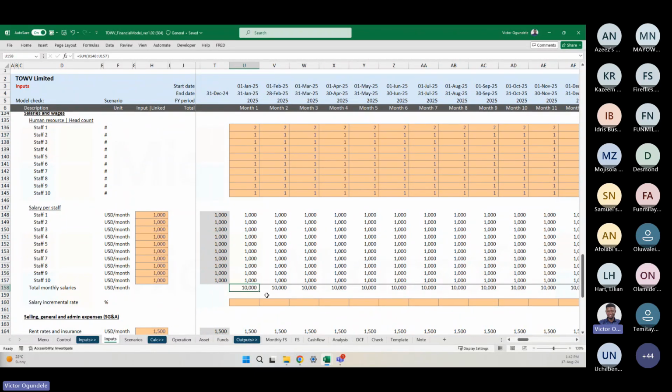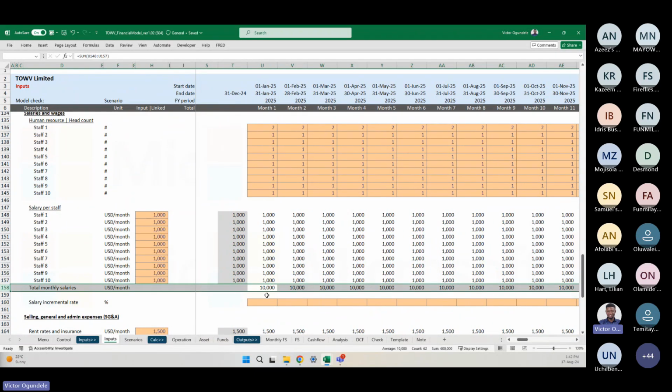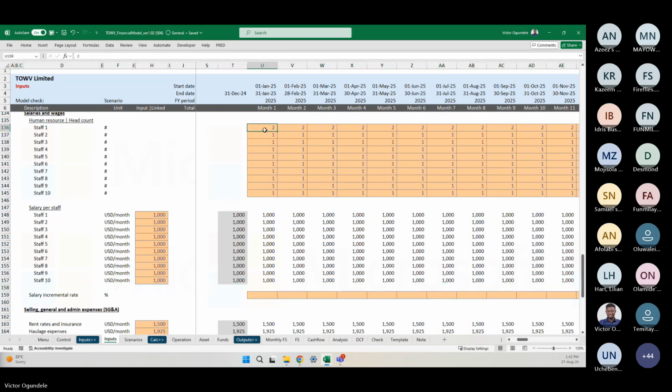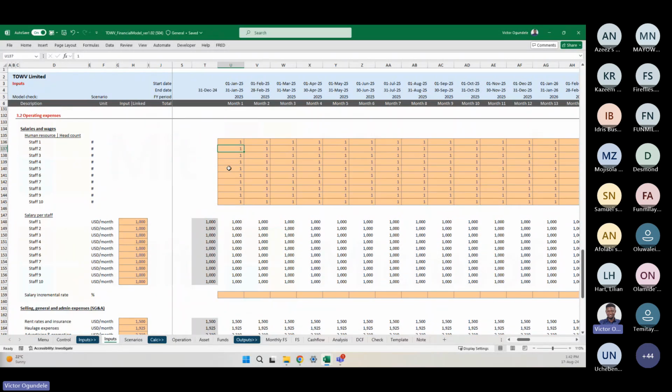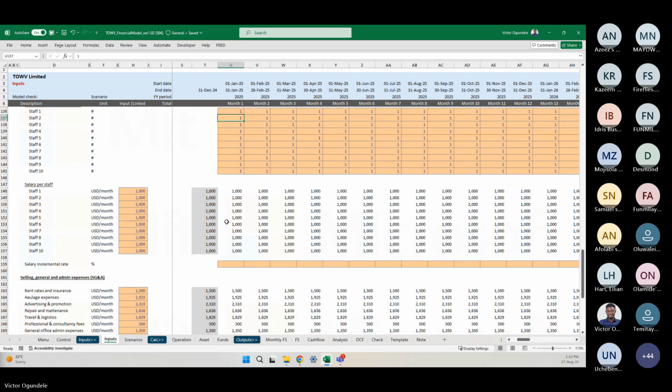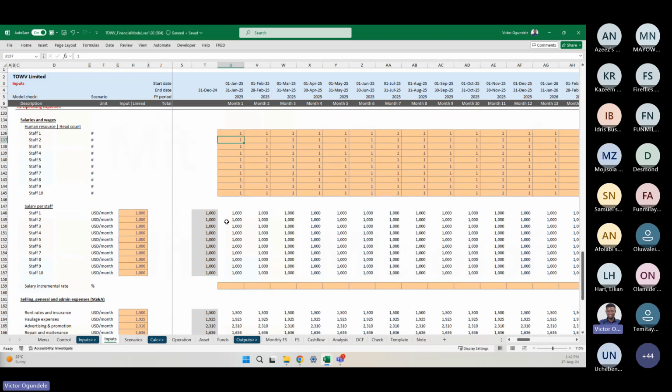So I think we should remove the total. Let's remove that total monthly salary, so that it does not cause confusion. It's better to have it like this: average staff per head count, and we'll do the proper salary calculation in our calculation workbook.